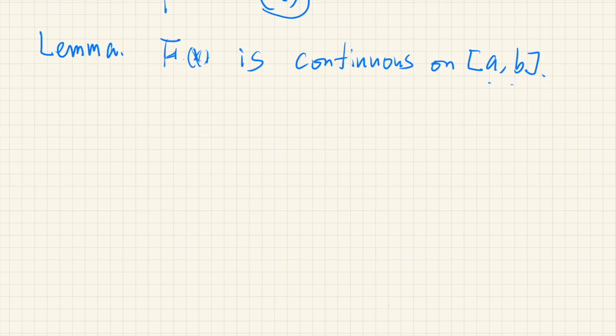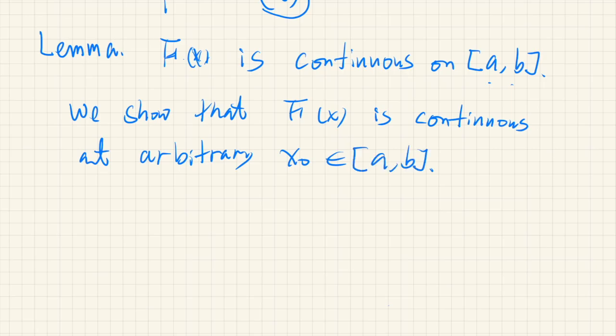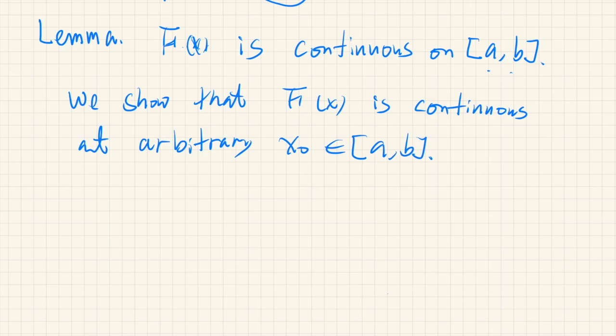So we show that F1 is continuous at an arbitrary x0 in this interval. And let epsilon be any positive number, arbitrary.